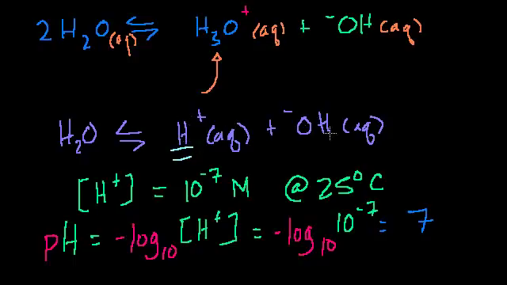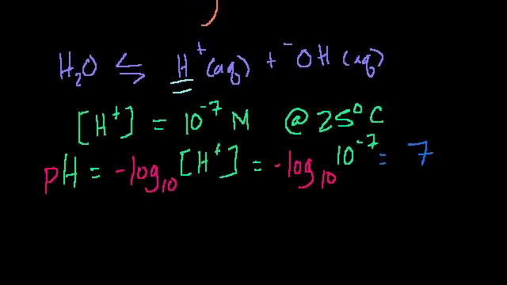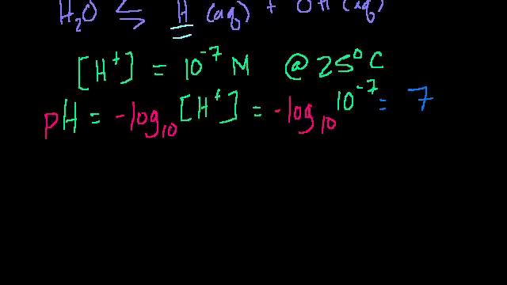On the other side, you could add more hydroxide, and then you would have more OH concentration, maybe a little less hydrogen concentration. So if you care about things that are going to do that to this reaction, you probably want to have a name for them. And the name for them is acids and bases. And I'm sure you've heard both of these words before. So acids, let me write them both down.